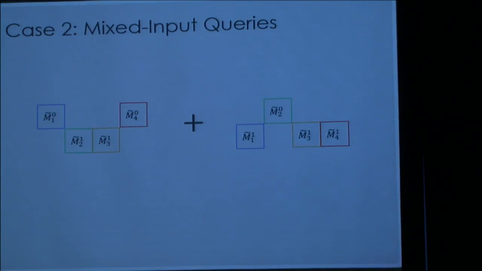Our next case is what we call mixed input queries. A mixed input query is just the sum of a few single input queries. Here I just drew the beginning of the branching program to save space on the slide. The naive way to answer this query is to independently simulate every part of it as if it was a single input query, so we learn if every part vanishes or not.